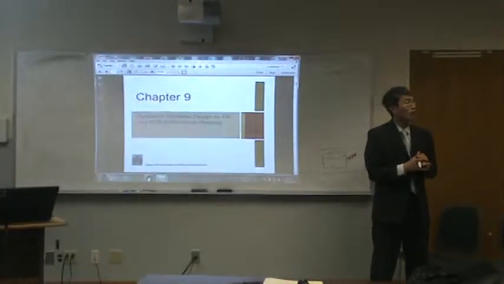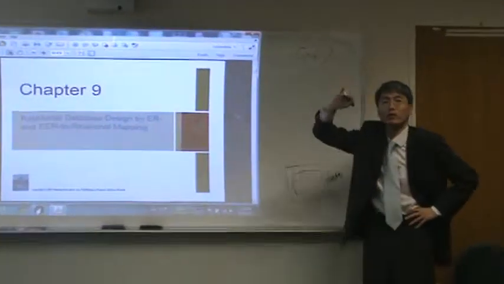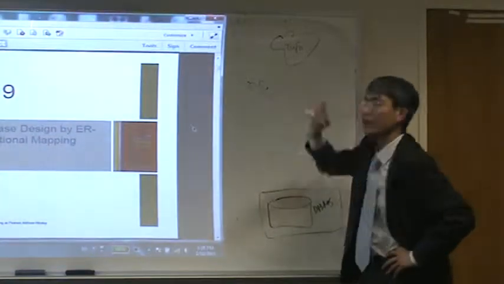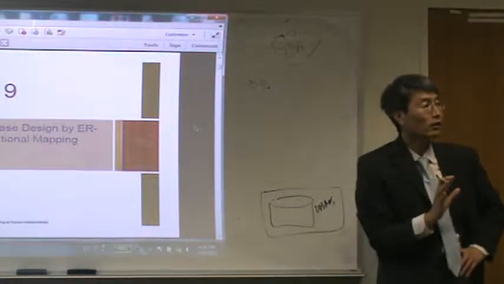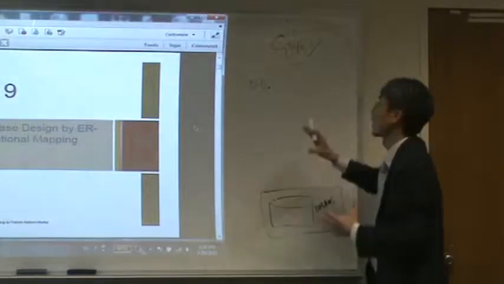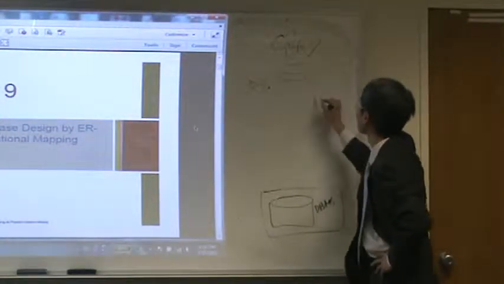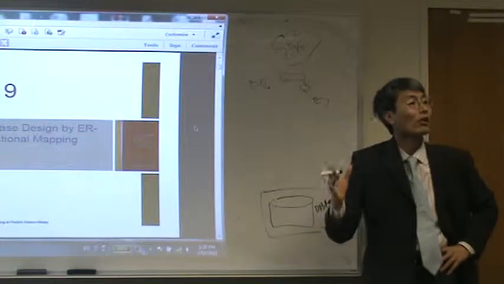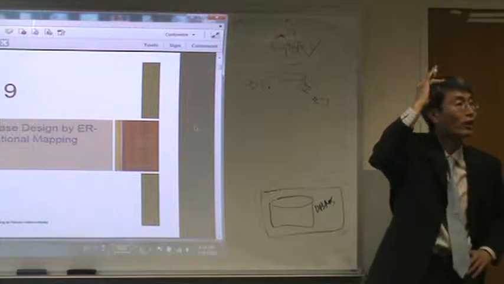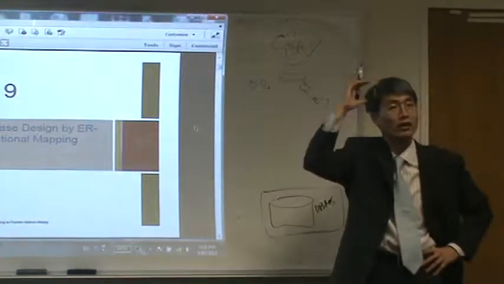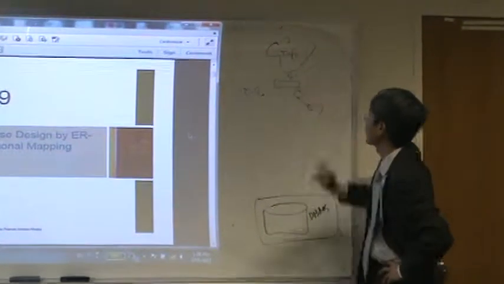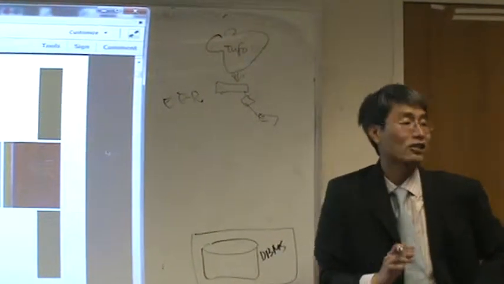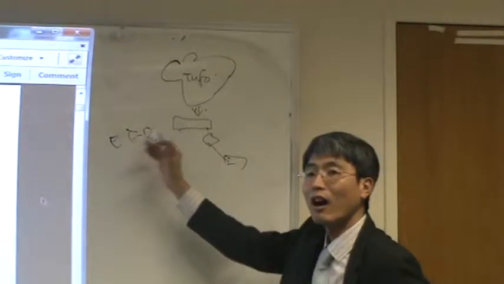So we have such information, the requirement, and we use ER modeling, the entity relationship model, which can formalize our information using entities and relationships. That is called conceptual design, the logical database modeling or high-level database modeling. Sometimes it is the extended or enhanced ER modeling.